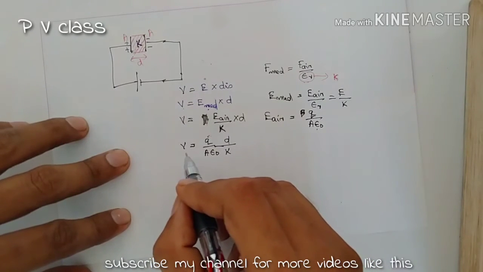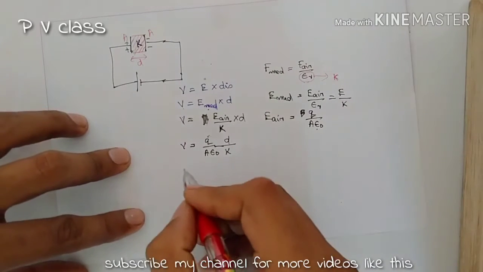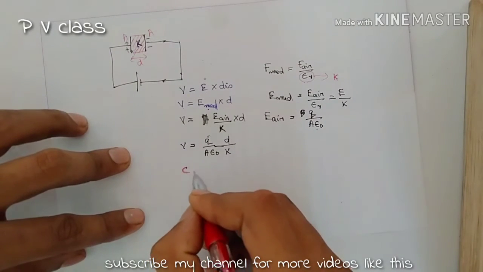And from V, we could find C, that is, we could write the basic expression of capacitance.